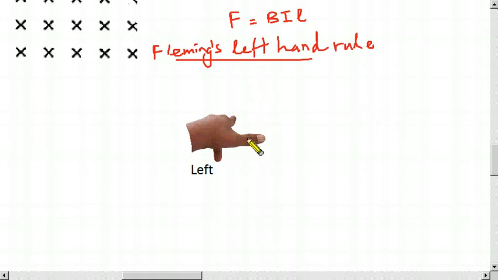First of all, we have to set our three fingers, thumb, index finger and middle finger, perpendicular to each other, and then we have to direct the index finger towards the direction of flux density B. Then we have to turn our hand without changing the set, these three fingers, the thumb towards the direction of force. There is no motion, only force. Then the middle finger shows the direction of current, that we don't know.